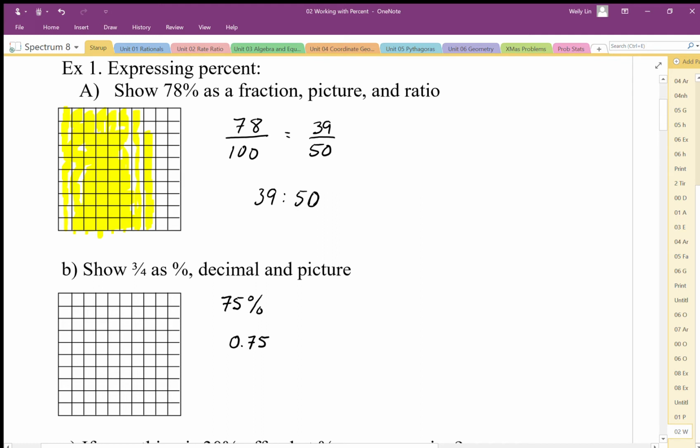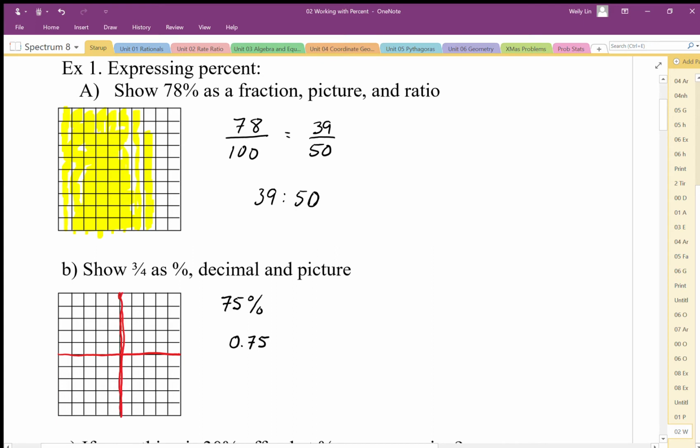As a picture, we could shade in 70, 10, 20, 30 like that. But since 3/4 should be one of our benchmark fractions, we can draw 3/4 by drawing in 3 parts out of 4.